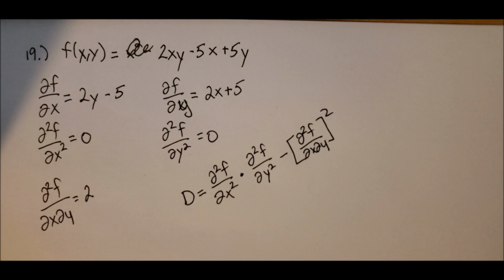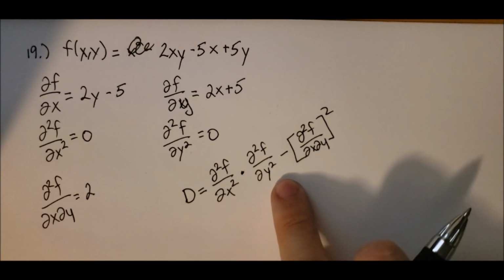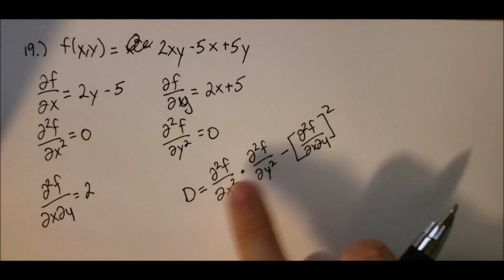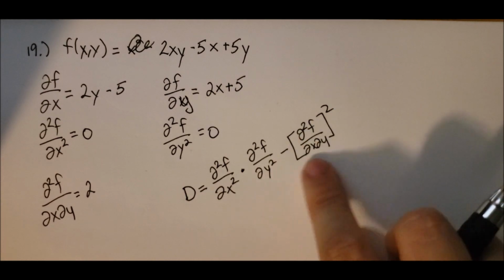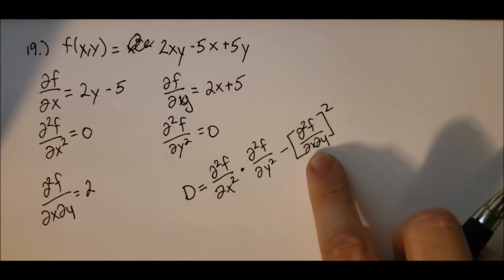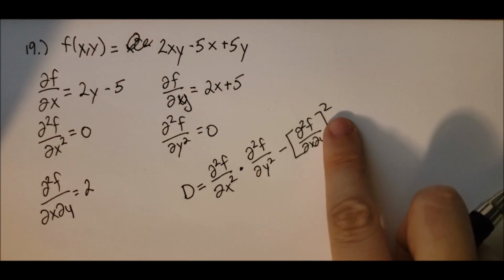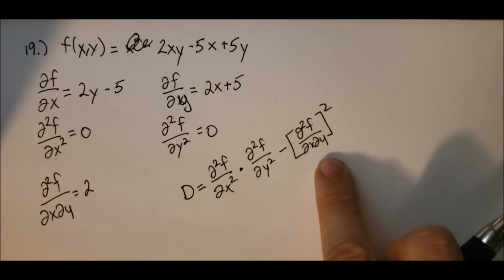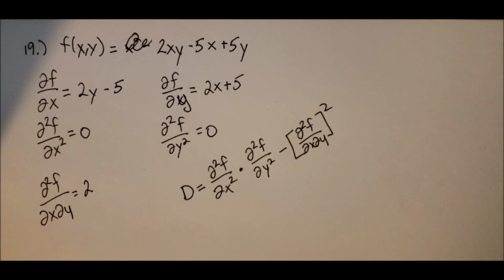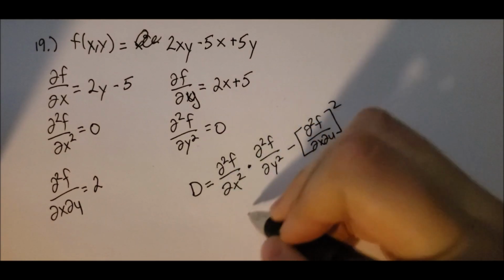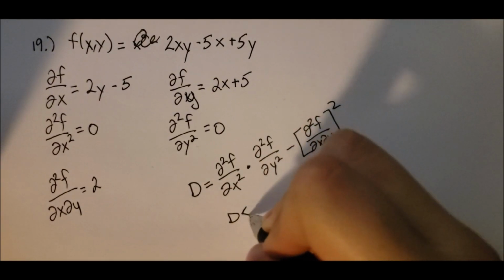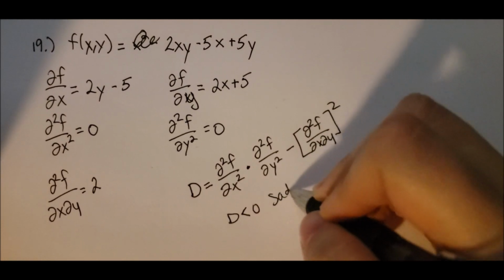You multiply the second derivatives with respect to x and with respect to y, and then you subtract the mixed partial squared. So if D is greater than 0, then you have a max or a min. If D is less than 0, you have a saddle point.